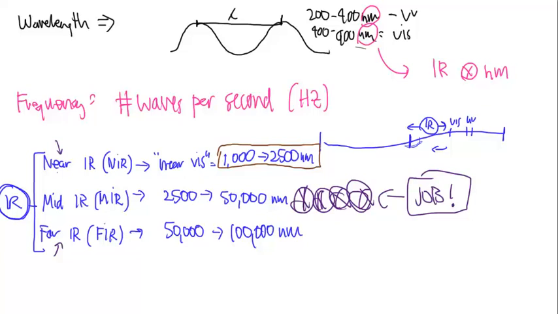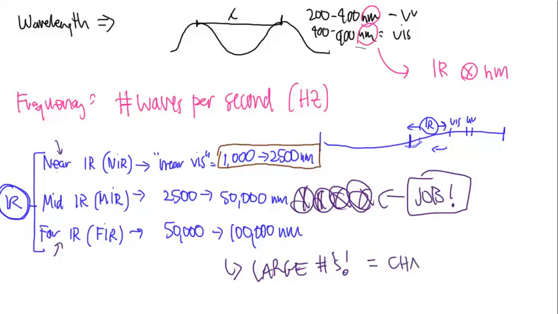Okay? So, a little bit about wavelength, a little bit about frequency, and now we can compare apples to apples. And if we look at infrared, we see that this is a very wide range. Because of this, these are very large numbers. And those very large numbers sometimes are a pain to write down and keep track of.